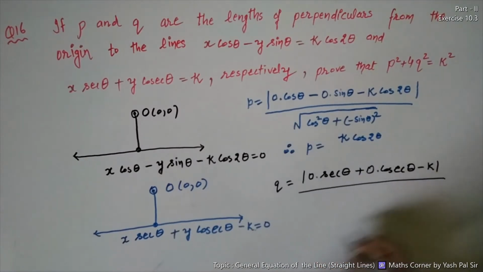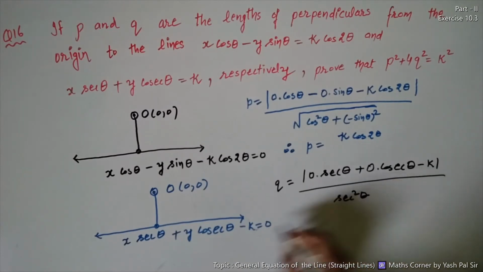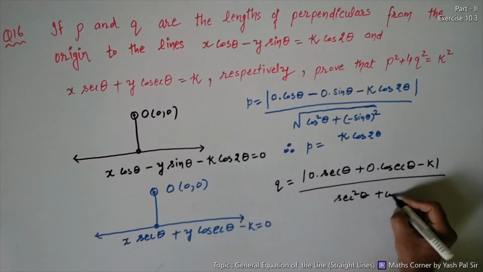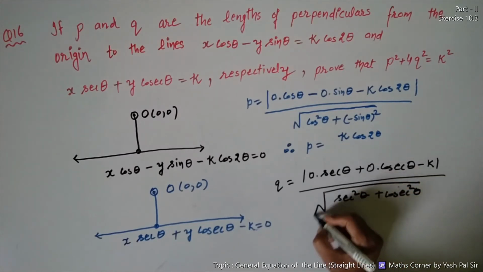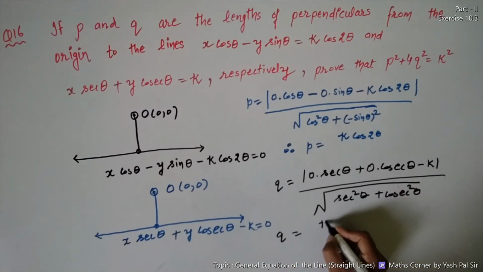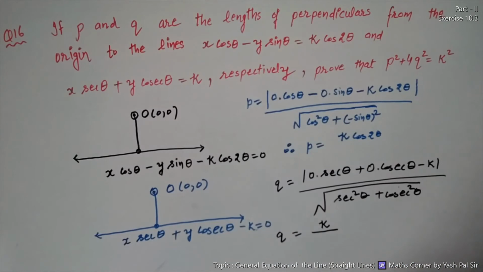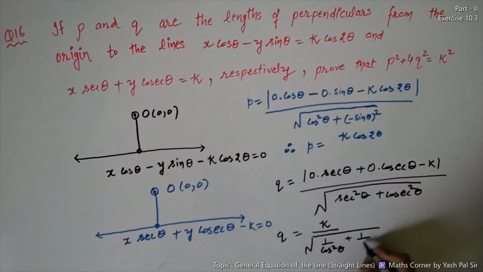whole divided by the square root of coefficient of x, secant theta, its square secant square theta, plus coefficient of y, cosecant square theta. Again we can say this q is equal to k divided by root of secant square theta plus cosecant square theta, which means 1 upon cos square theta plus 1 upon sin square theta.